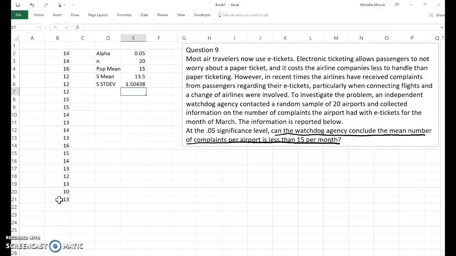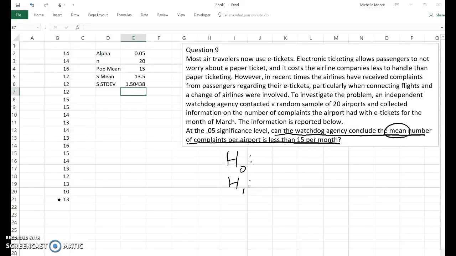Now we can go ahead and write out our null and alternate hypothesis statements. Specifically, the variable that we're looking at, once again, is the mean. We're doing a mean versus a number because we just have one sample that we're comparing to 15.